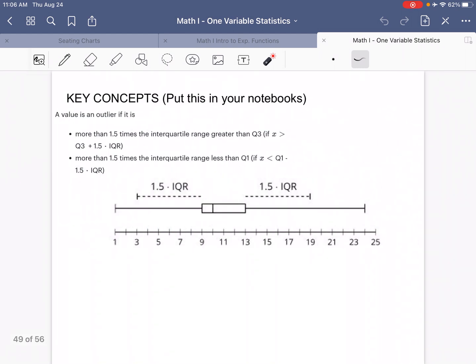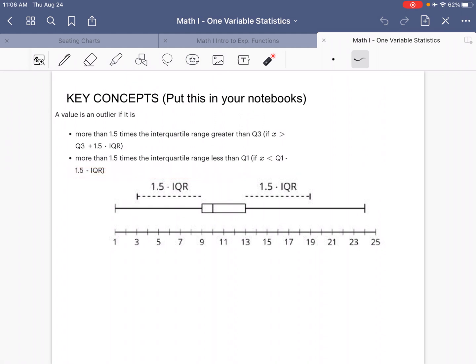So there is an actual mathematical way of determining whether or not something is an outlier. What you have to be able to do is figure out what Q3 and Q1 are, and then take the IQR. A value is an outlier, mathematically speaking, if it is more than 1.5 times the interquartile range greater than Q3, or more than 1.5 times the interquartile range less than Q1.